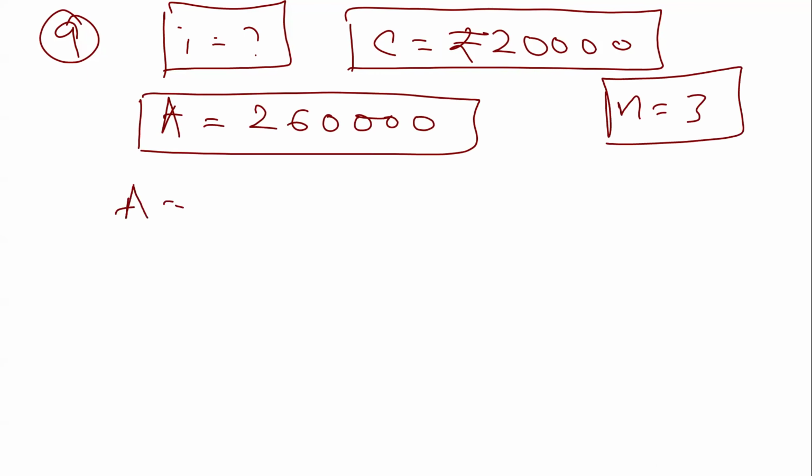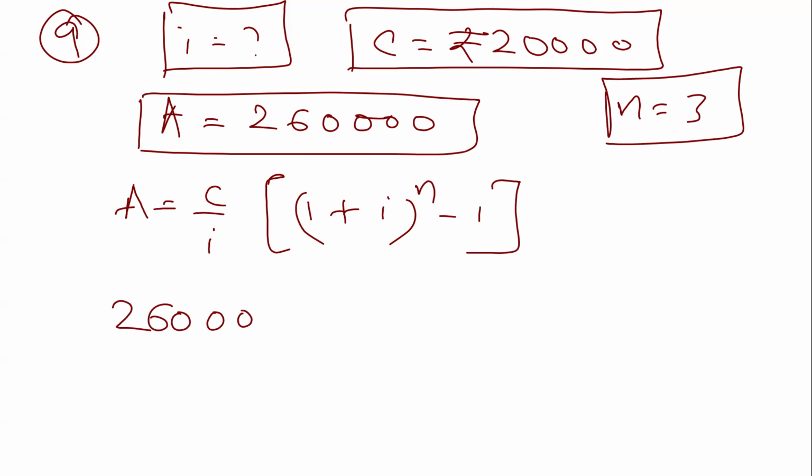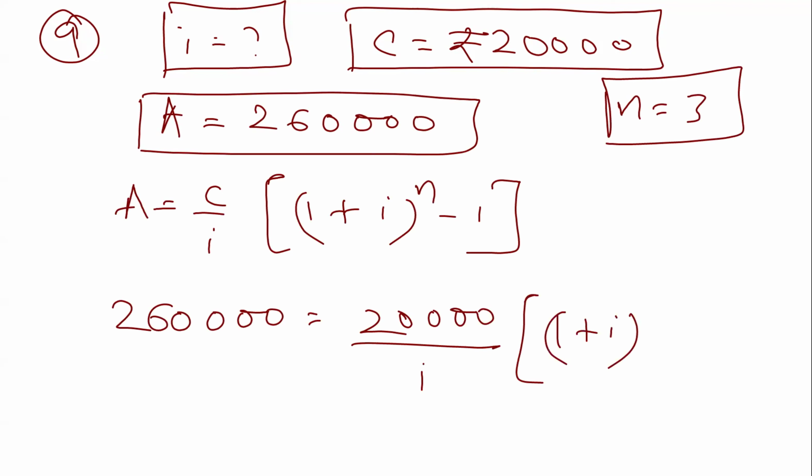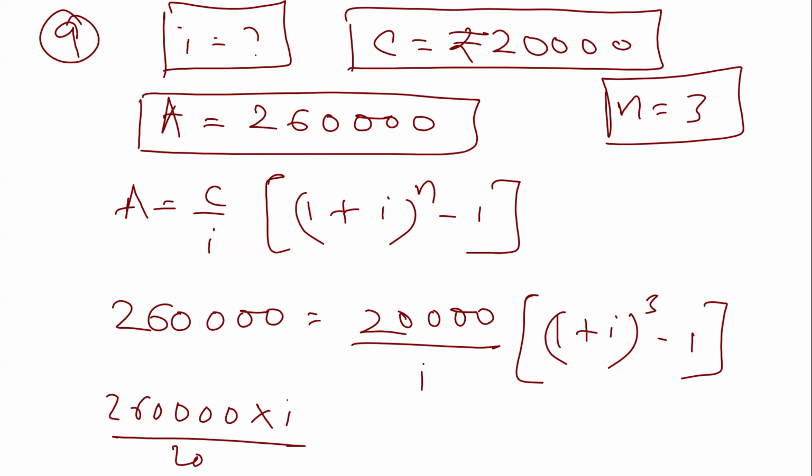So A is equal to C by I, 1 plus I raised to N minus 1. 2,60,000 is equal to 20,000 upon I, 1 plus I raised to 3 minus 1. 2,60,000 into I upon 20,000.